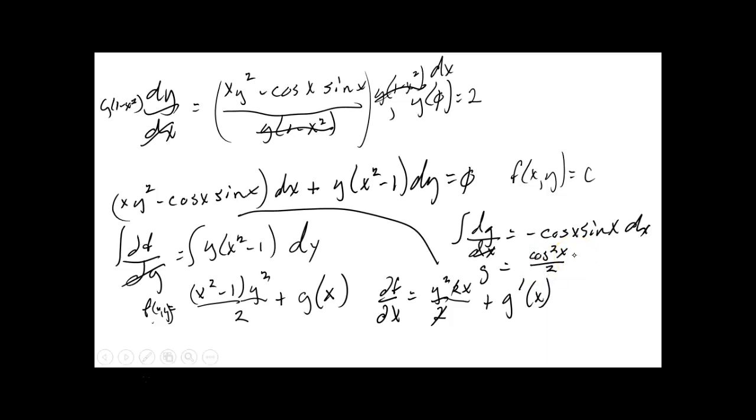We probably will need a plus c, but let's just check this one first. Derivative of cosine squared x dx would be 2 times cosine x times derivative of cosine x, which would be minus sine x. So yeah, that works, and the 2's cancel out. Yeah, that's it.